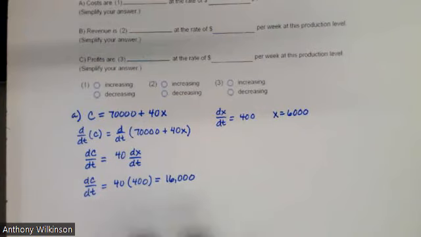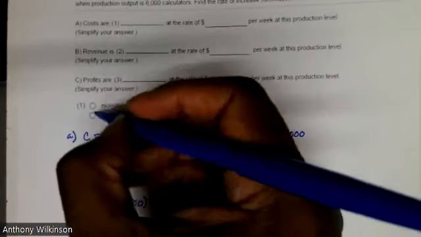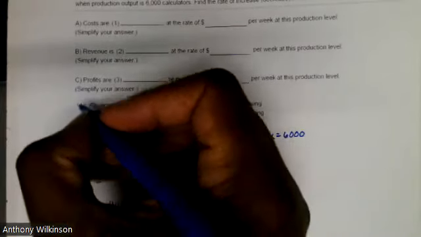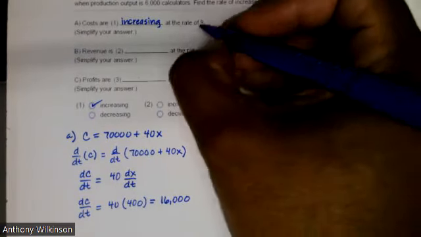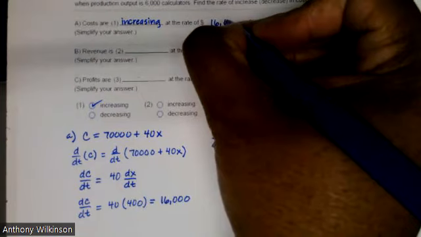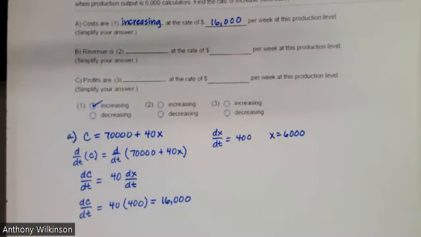So to answer the question here, since it's a positive number, costs are increasing. It will have you choose either increasing or decreasing. So since it's positive, it's going to be increasing at a rate of $16,000 per week at that production level.